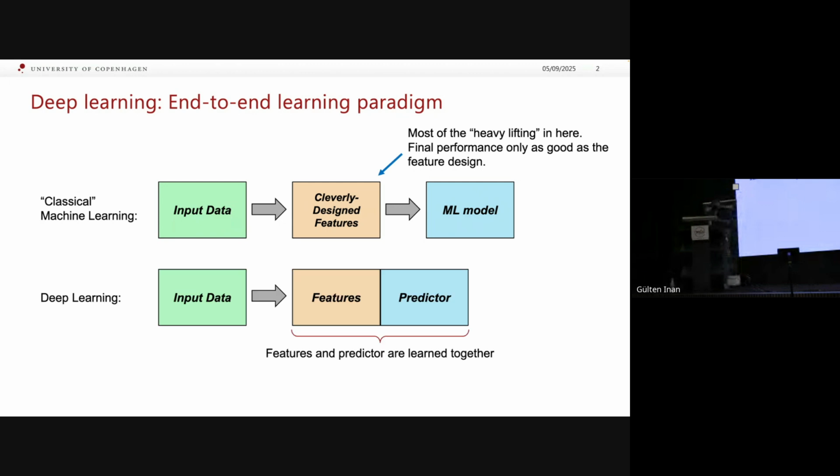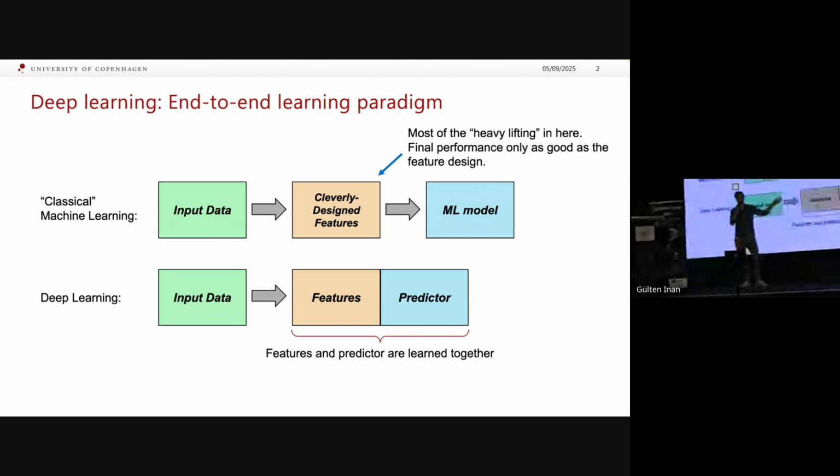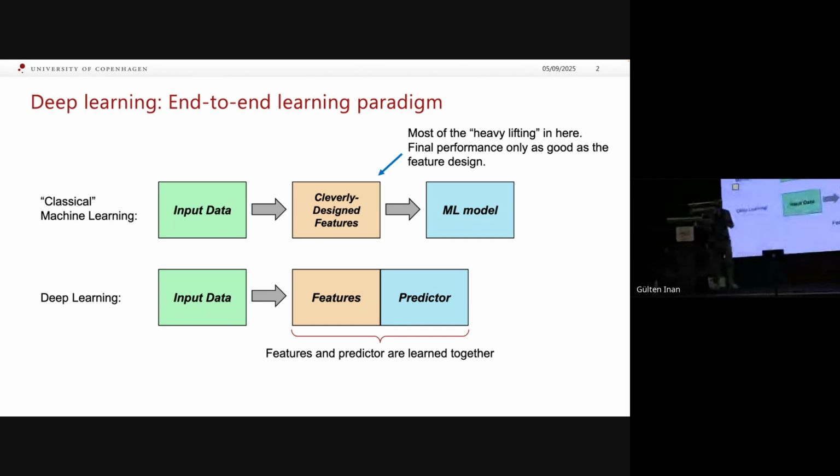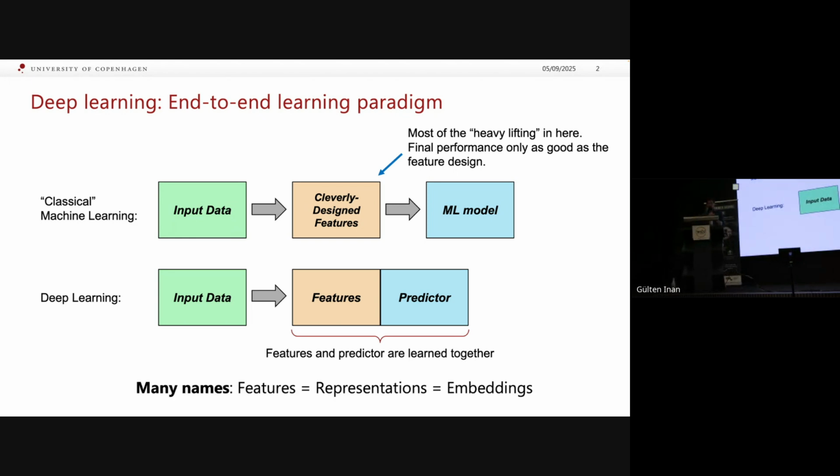In the era of end-to-end deep learning, these two steps, the feature extraction and the classification or regression, they are somehow merged. And we want to learn this end-to-end, such that both stages can also talk to each other and cooperate. So we want to learn these features directly from the data without engineering those features.